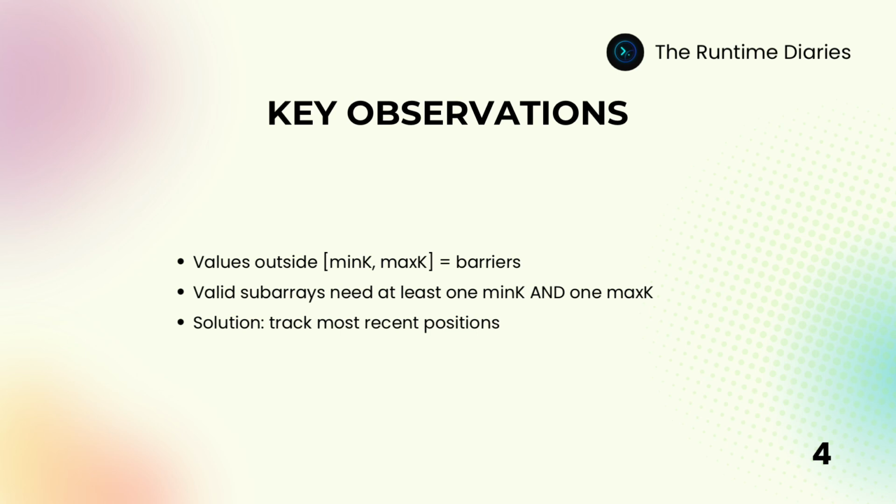Specifically, we track where we last saw minK, where we last saw maxK, and where we last saw an invalid value. Those three observations are how we compress O(n²) thinking into O(1) updates per index. This is the insight that makes the entire problem solvable in linear time.